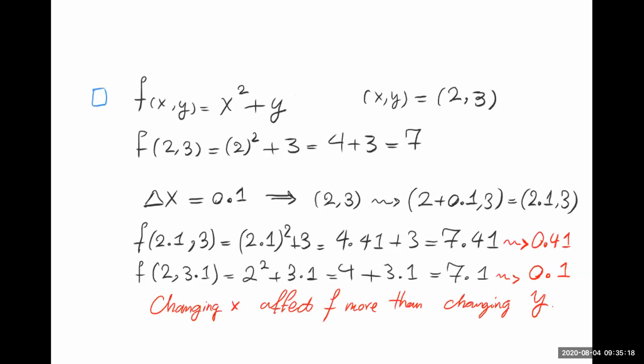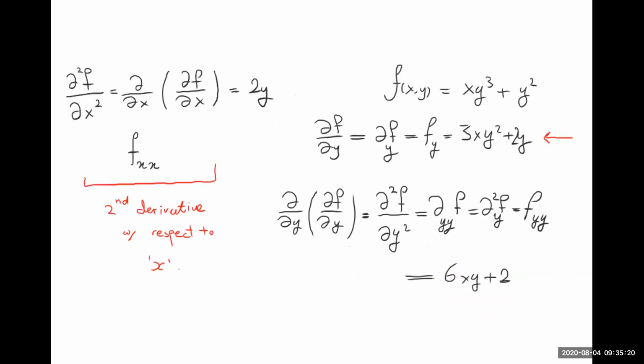What if rather than something like this, we had a slightly more complicated function, f of x and y? What if we had x squared y plus cosine of x, say, y squared?